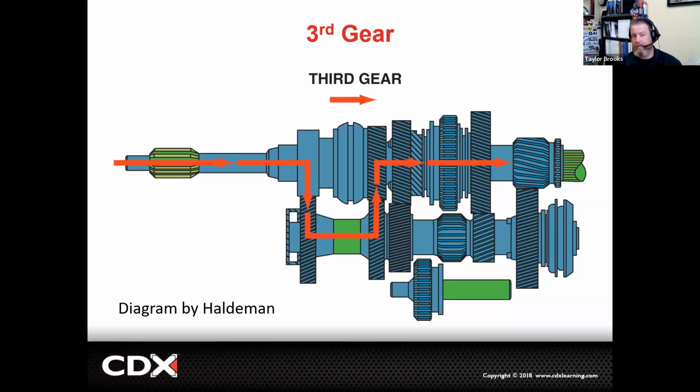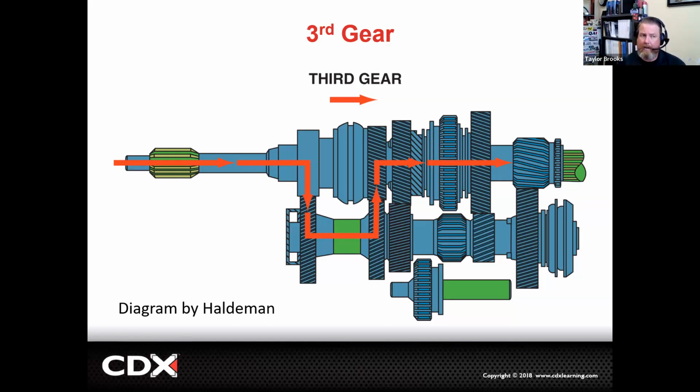Again, just like first and second, the input shaft is going to be moving the counter shaft. We're going to have a little bit less torque being multiplied at this point because our input gear will be a larger diameter than that of second gear, which was a larger diameter than first gear, and our output will be a smaller diameter than second gear and a smaller diameter than first gear.